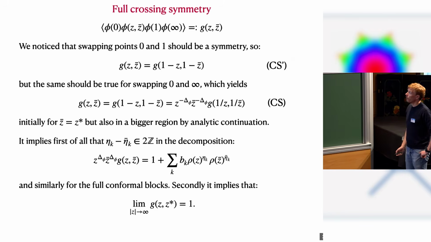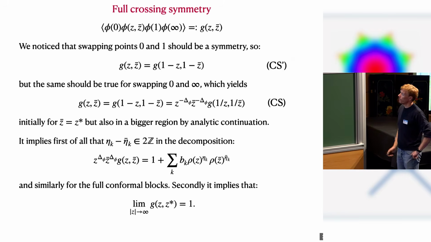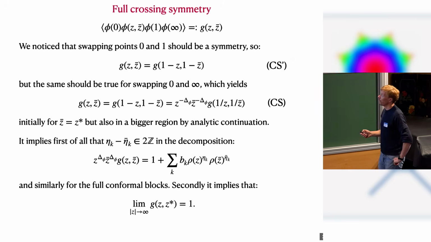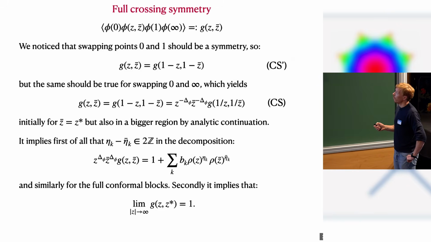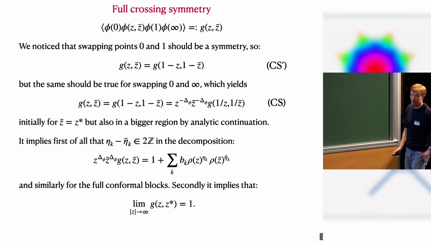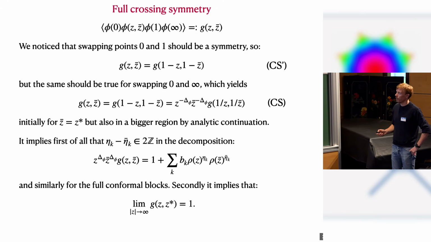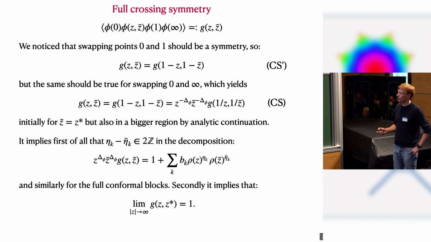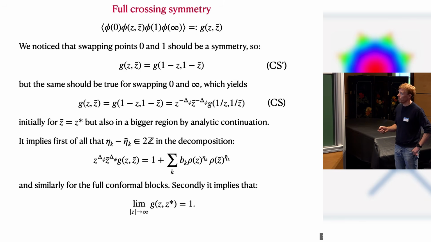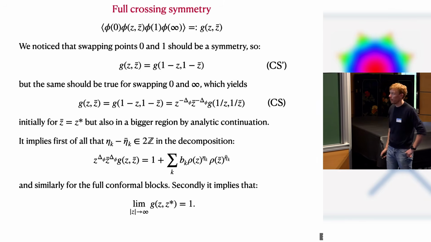Good. I always had a prime on crossing symmetry because I forgot I only wrote this one. But of course, there's also swapping, say, 0 and infinity, which should also be a symmetry. So the full statement of crossing symmetry is CS prime plus this extra condition, because the point at infinity has these weird factors that you see in the crossing condition.